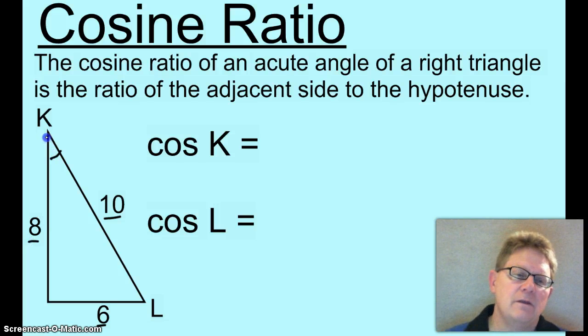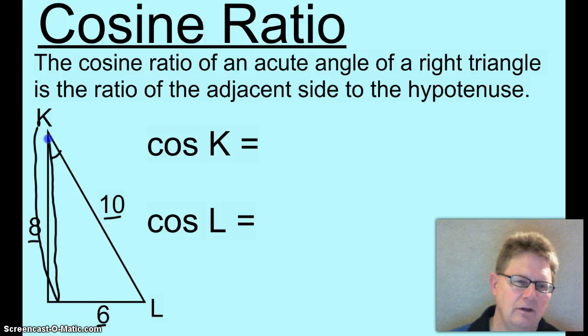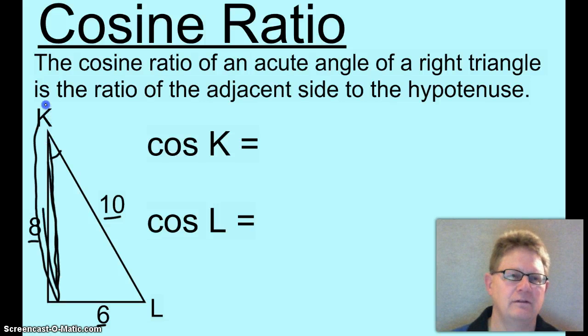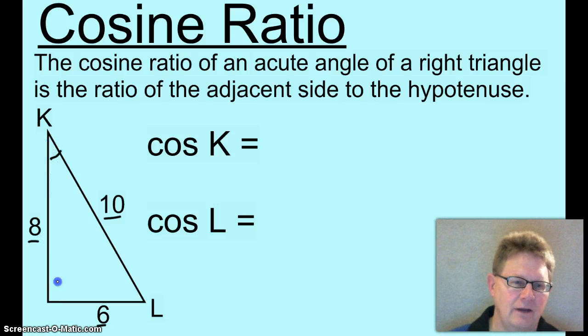The adjacent side will always be a side of that angle. That right there is a side of the angle. Wow, that's really bad drawing. Sorry about that. Anyway, that right there is the side of the angle. That's the adjacent side. So the cosine ratio is the adjacent side over the hypotenuse.